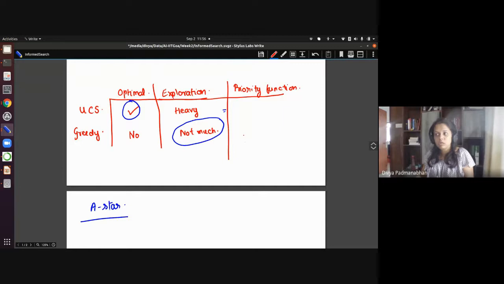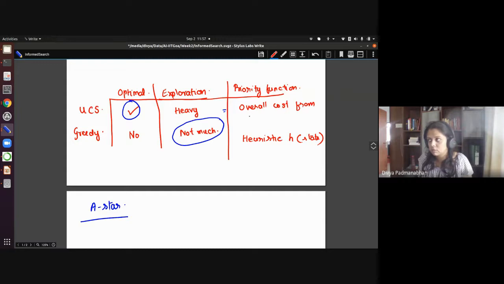So in greedy, it was the heuristic. I'll just call this heuristic h, so h of some state. That is what you would use for greedy. And in the priority function for UCS, what you used is the total overall cost from start to a state. I'll call this function g, so g of the new state, g of state.